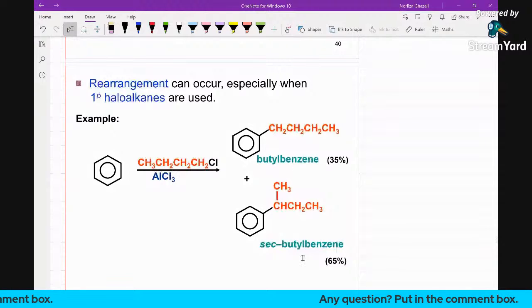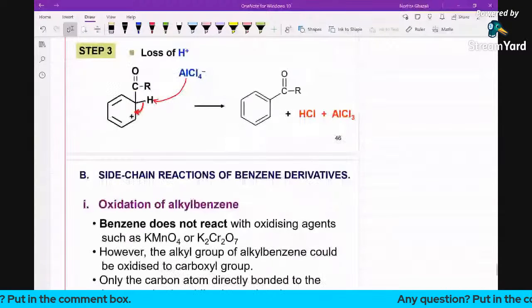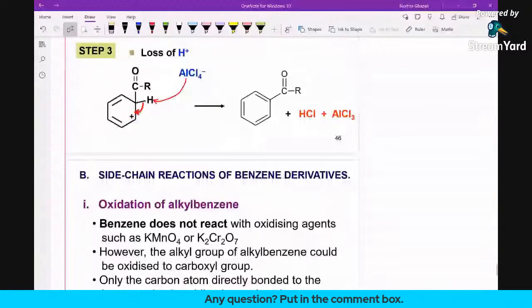Butylbenzene comes after, then what else? Friedel-Crafts acylation. Alright, okay, this one: side chain reaction of oxidation.